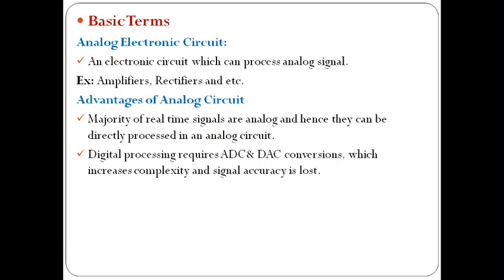Amplifier is nothing but it increases the strength of the signal without changing the shape of the signal. So the amplifier input is analog and output is also analog. So we can say amplifiers and rectifiers are examples for the analog circuits.